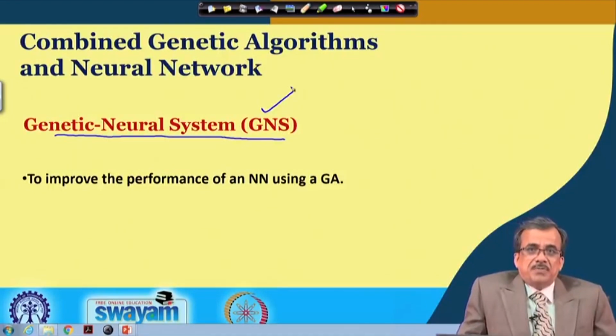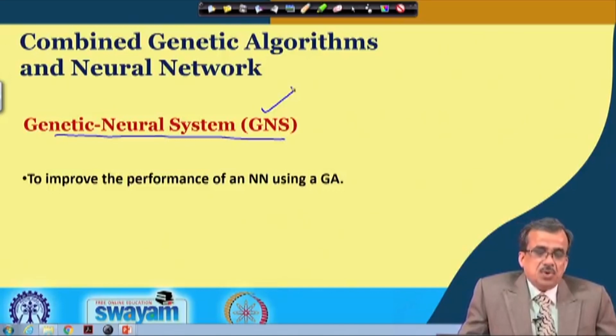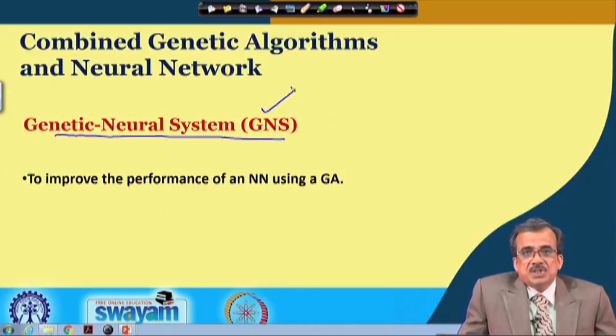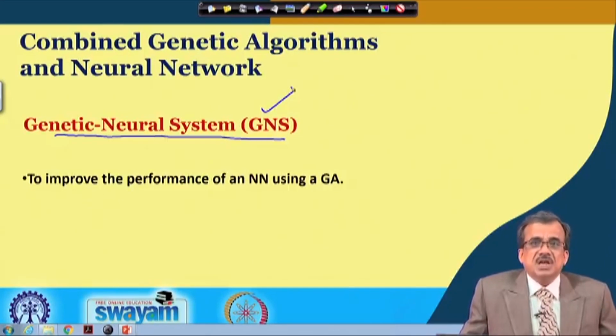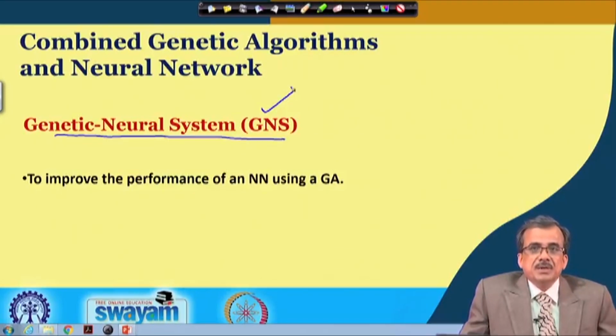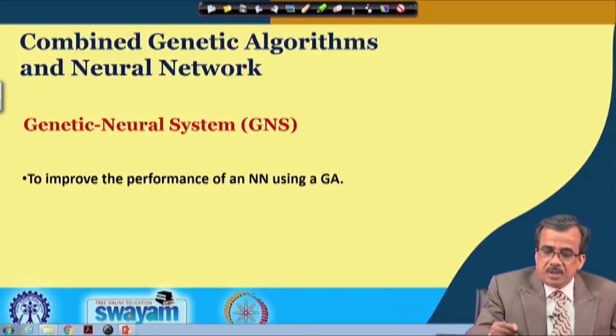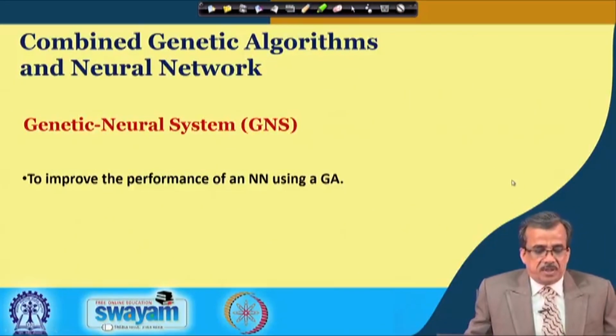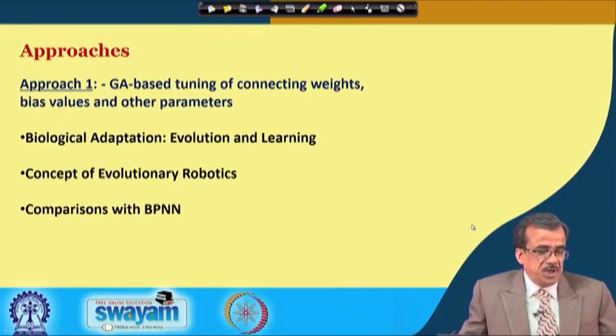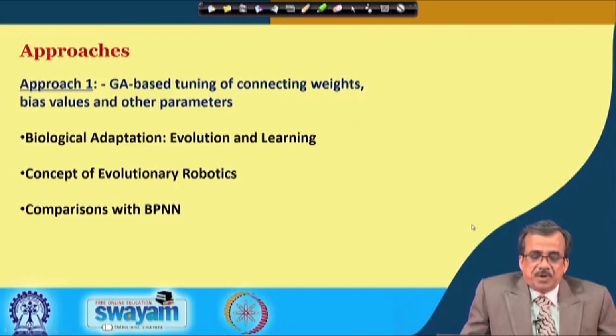Now, the purpose of developing this genetic neural system is to optimize the performance of a neural network with the help of a genetic algorithm. Now, let us see how to optimize the performance of a network using the principle of evolution of this genetic algorithm. Now, the performance of a network actually depends on a number of things.